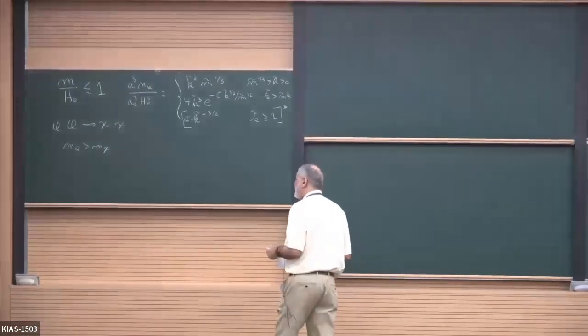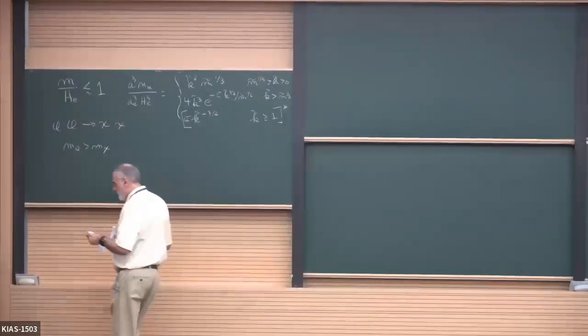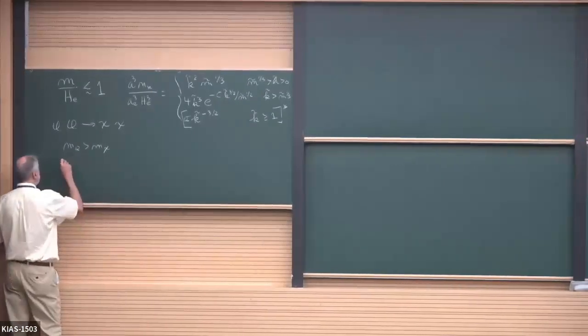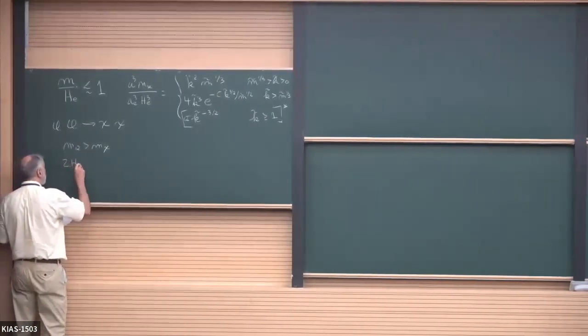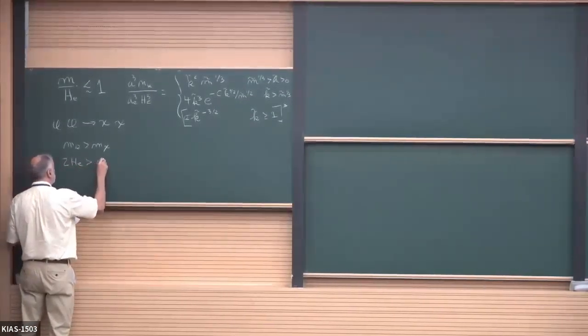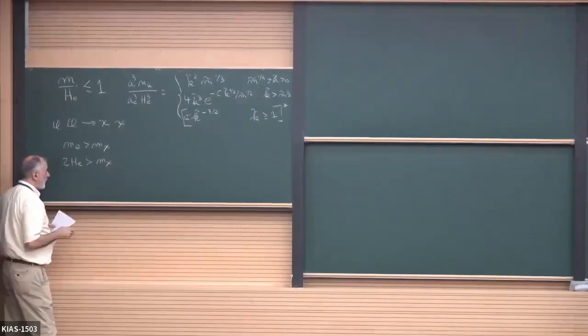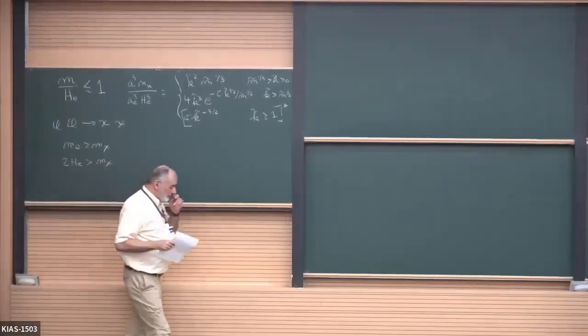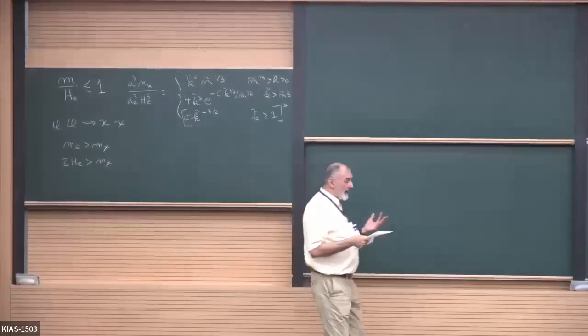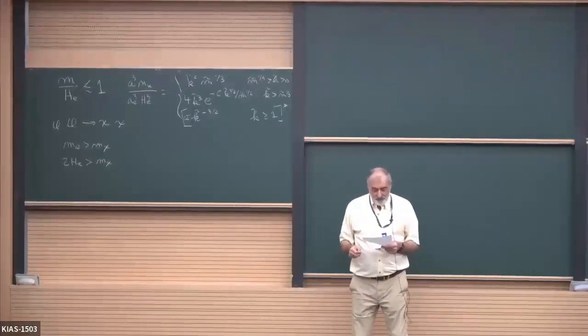And for a quadratic potential, the mass of the inflaton is 2 times He. So this would only happen for masses smaller than approximately He.